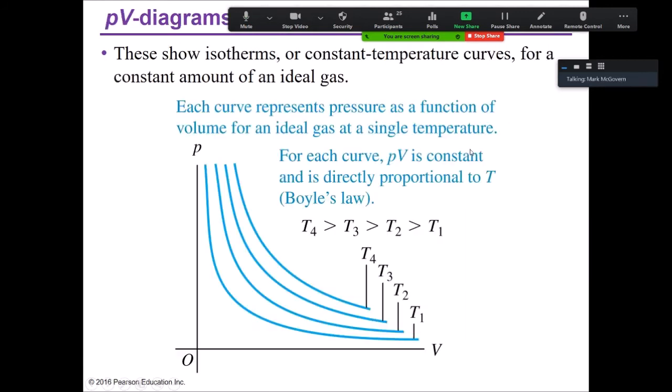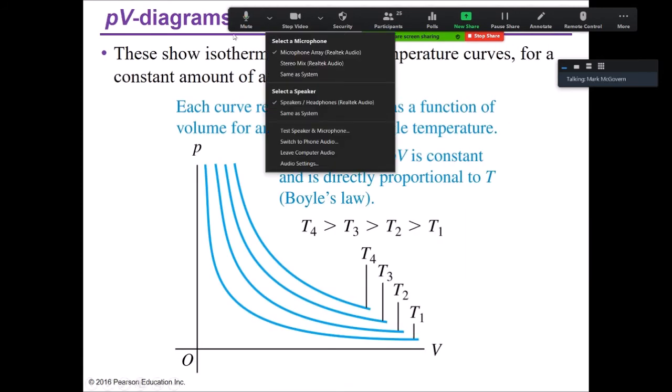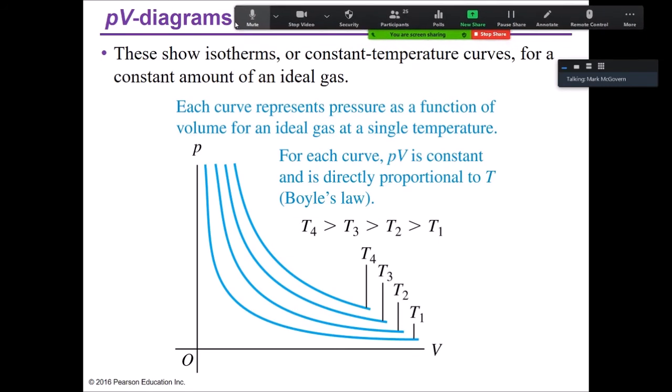Now, one thing that you're going to see quite a bit of in this course on thermo are PV diagrams, because it's a picture, and a picture can tell us a lot more of what's going on with our system. There's a couple assumptions we make in PV diagrams.